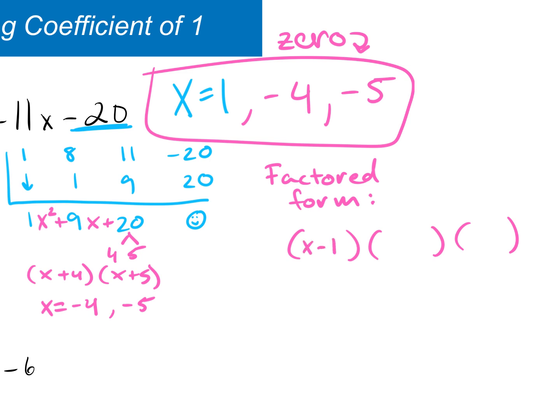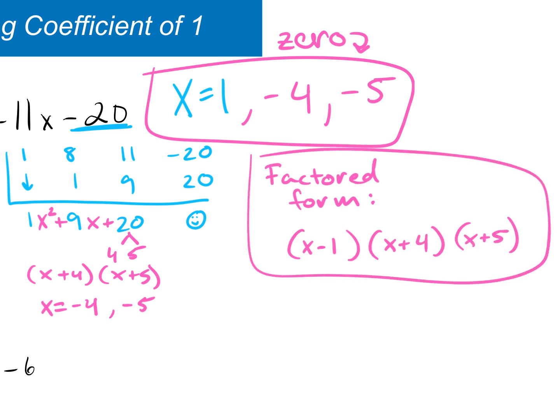Awesome. X minus 1, x plus 4, and x plus 5. So this would be the factored form of it. So depending on what the homework asks for, just make sure you read the instructions. Questions?